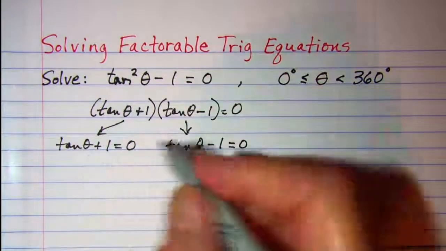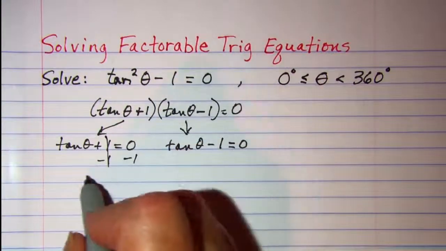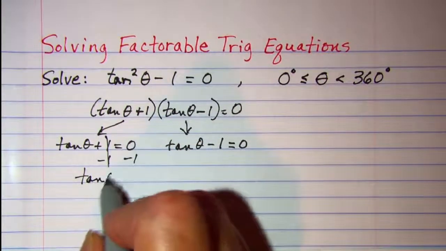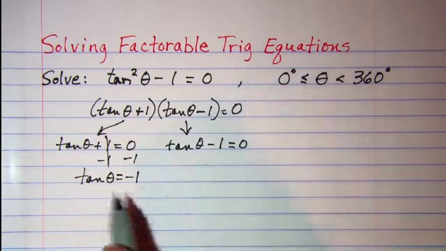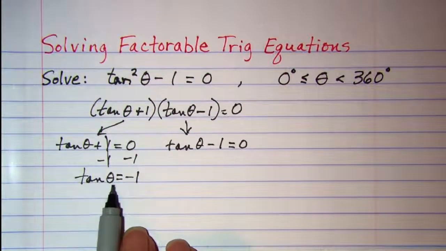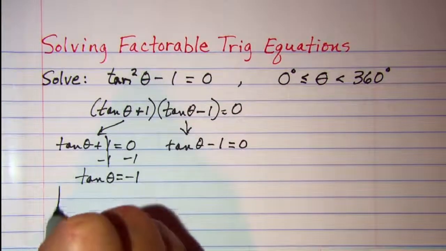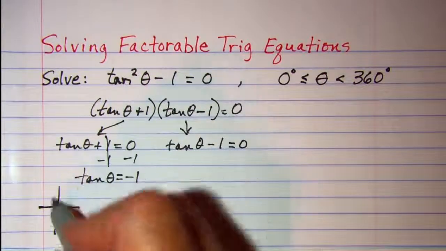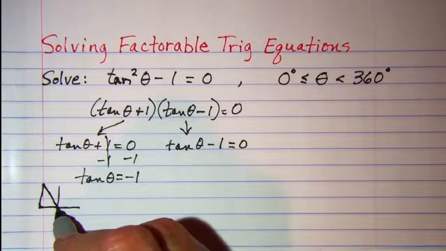If we subtract 1 from both sides, these will cancel, and I have tangent theta is equal to negative 1. So we're looking for angles that have a tangent of negative 1. And we know that tangent is negative in quadrants 2 and 4.